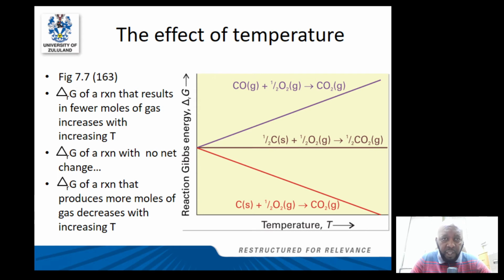When we calculate the total number of moles, we normally omit the moles from the solid state as well as the liquid state. In the gaseous state, we have 1 over 2 oxygen and 1 over 2 carbon dioxide, so there is no change in the number of moles. For this reaction, the reaction Gibbs energy will also not change.